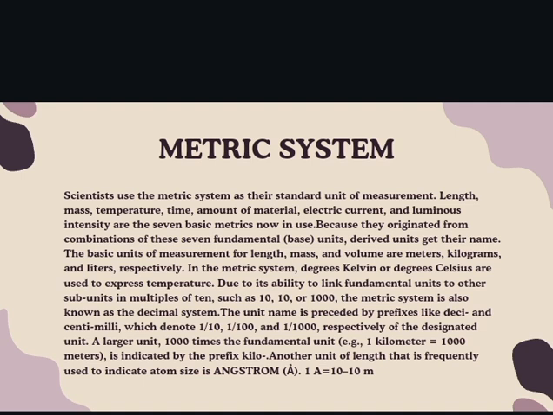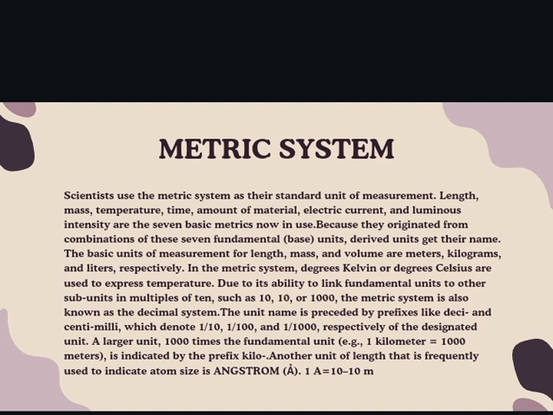Because they originated from a combination of these 7 fundamental base units, derived units get their name. The basic units of measurement for length, mass, and volume are meters, kilograms, and liters respectively in the metric system. Degrees Kelvin or degrees Celsius are used to express temperature.